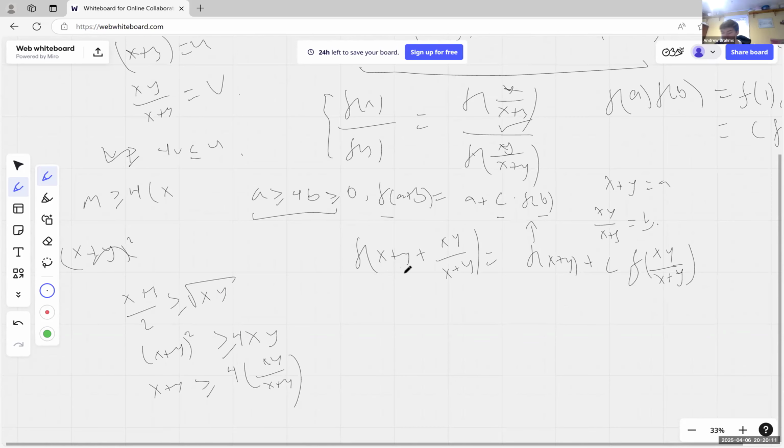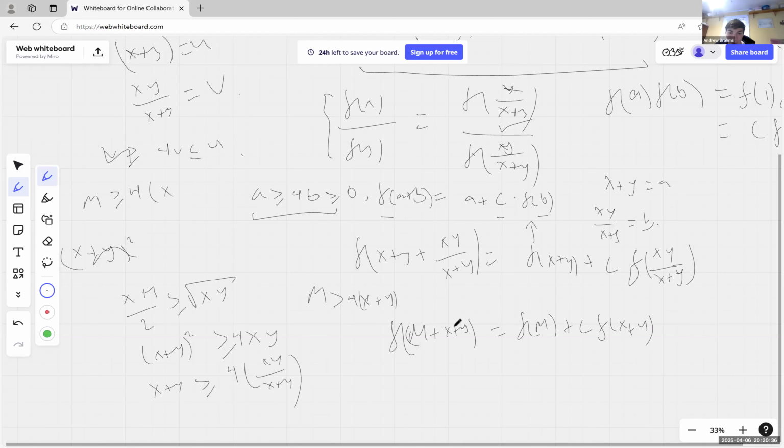And so if we have some arbitrarily large value of m greater than 4 times (x plus y), what we can do is we can have f of (m plus x plus y), and this is equal to f of m plus c times f of (x plus y).